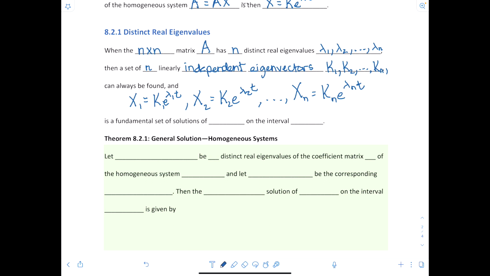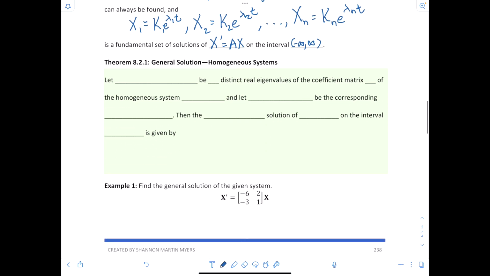This is a fundamental set, because they're all linearly independent, of solutions of X prime equal to A times X on the interval from minus infinity to infinity. So Theorem 8.2.1, general solution, homogeneous systems.